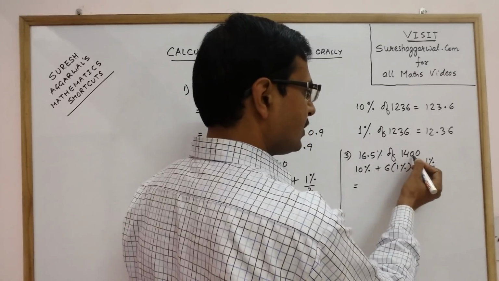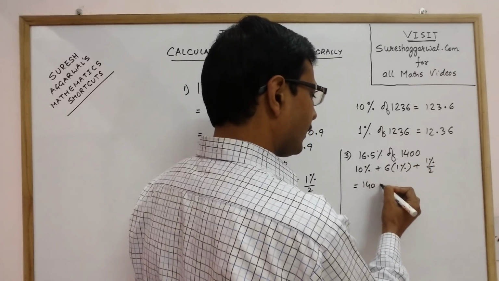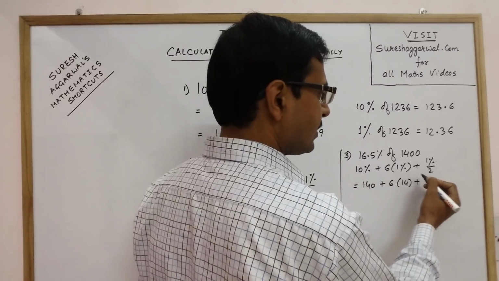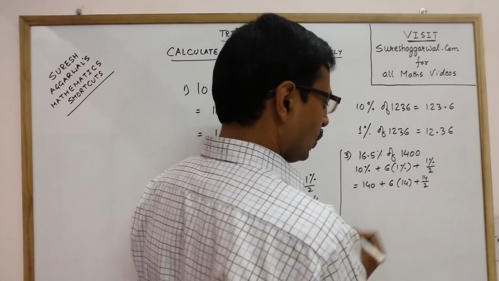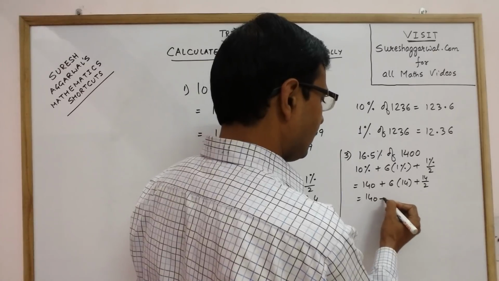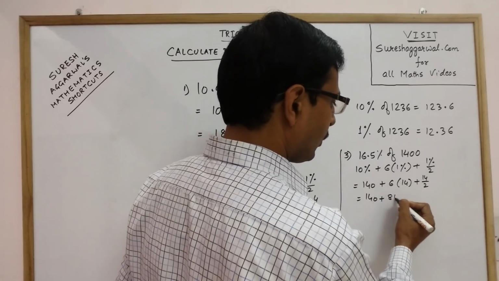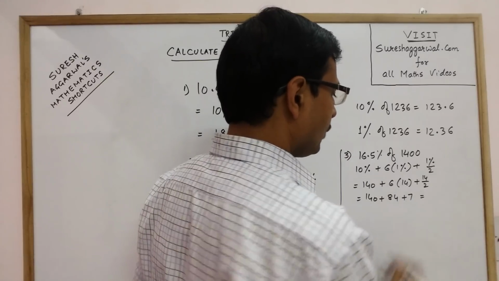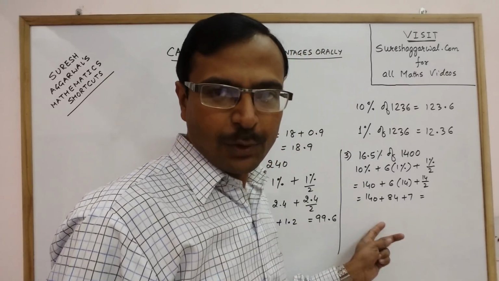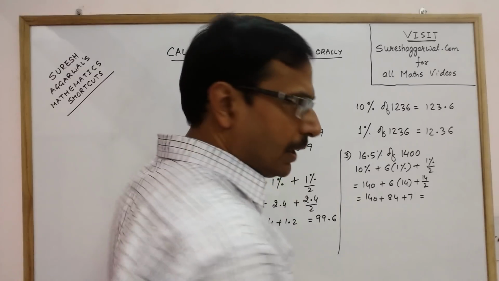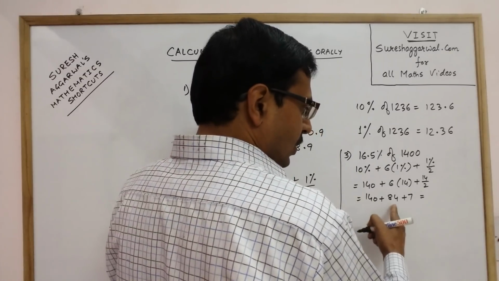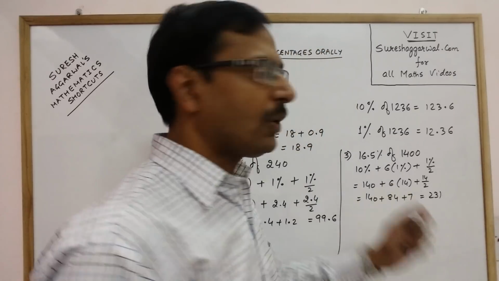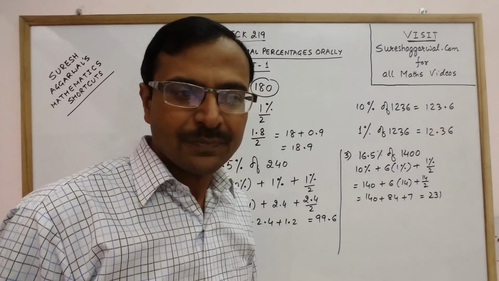So 10% is 140 plus 6 into 1% is 84, plus 14 by 2 is 7. So this is 140 plus 84 plus 7, simple calculation, and you get the answer. This is 91, so 231 is your required answer.